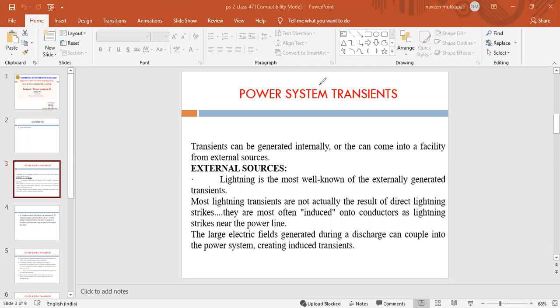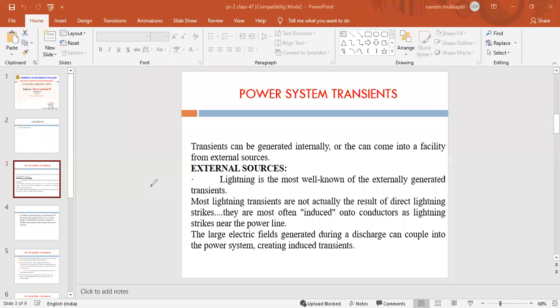The next one is the external causes. External causes are obtained due to lightning strokes. We are well aware that lightning strokes mostly affect overhead transmission systems.